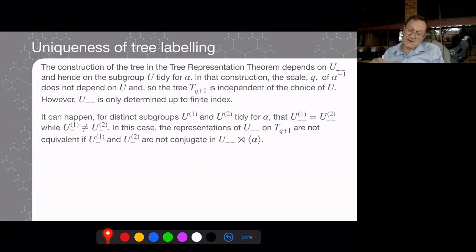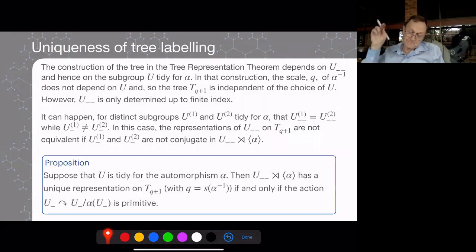In that case, the representations of U double minus on the tree are not equivalent. And so it's of interest to determine when that representation is unique.